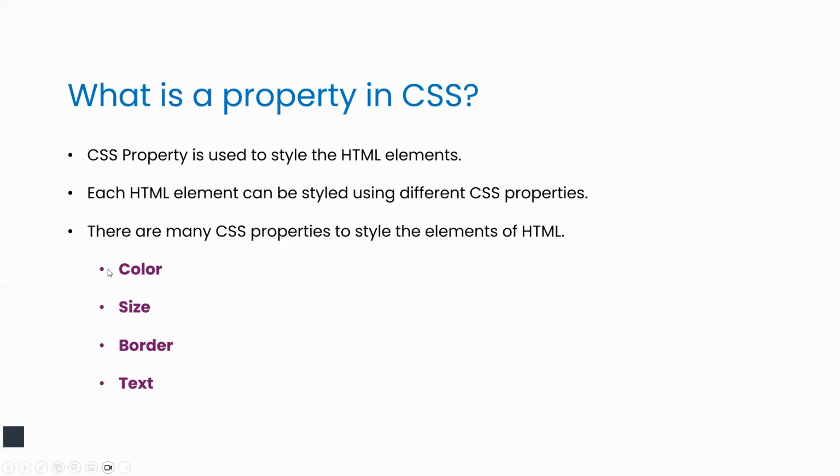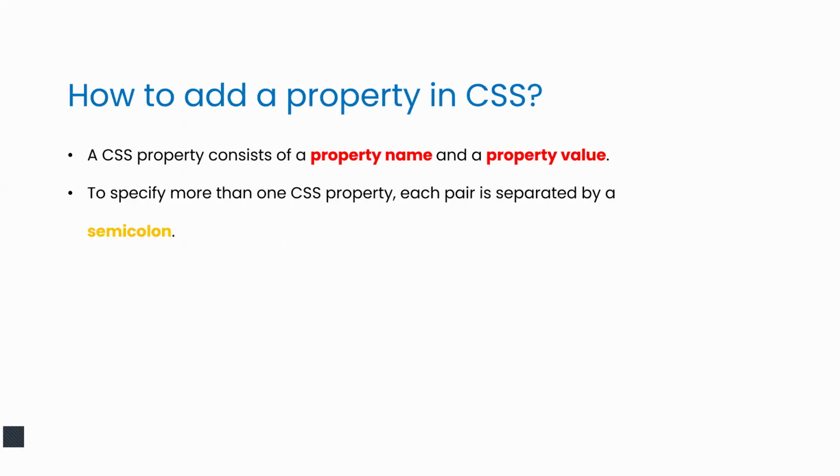So now you already know what color is. You can change the color, you can change the size, you can add a border, you can add text through CSS. So in CSS we have a property name and a property value, and each pair is separated by what?